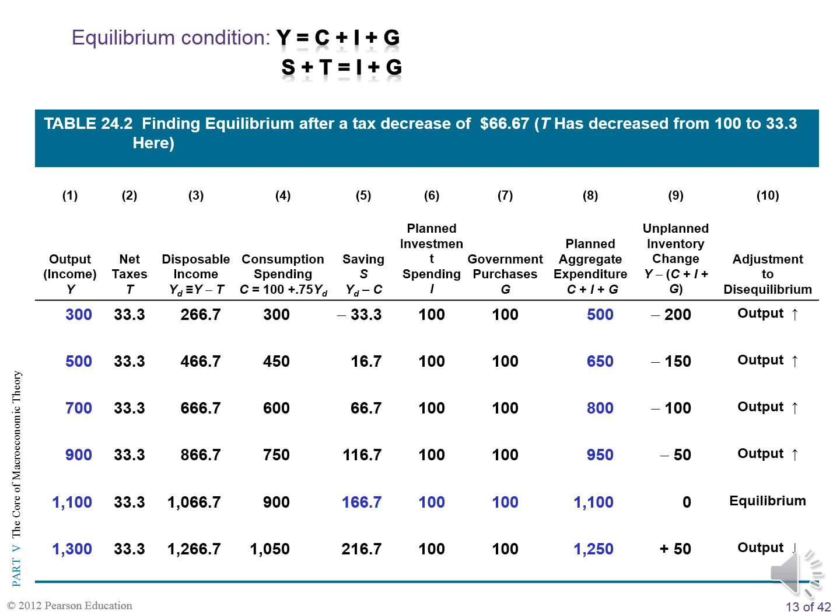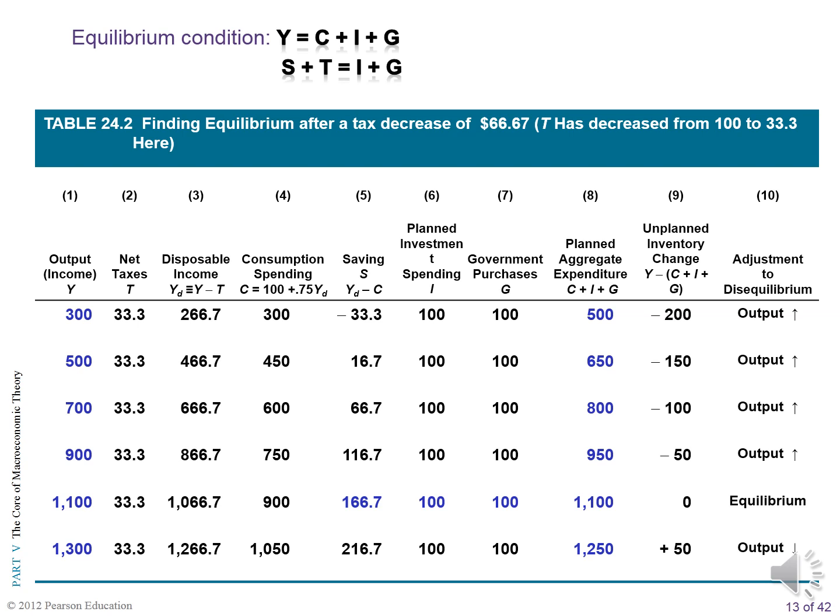Net taxes were 100. Now we assume that it decreases by 66.67, so it becomes 33.3. Disposable income is national income minus taxes, so 300 minus 33.3 is 266.7, and so on.